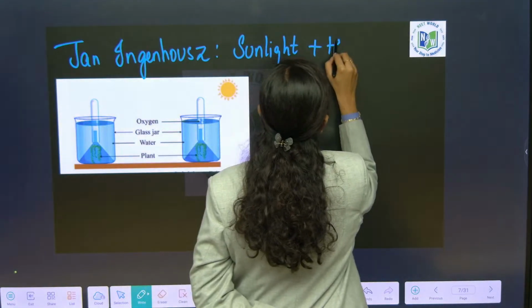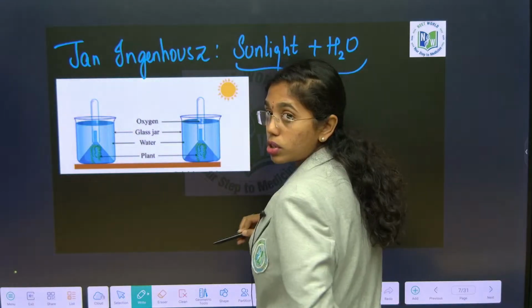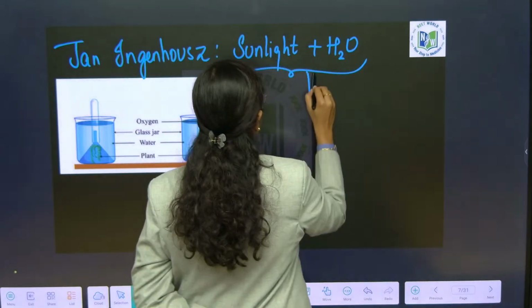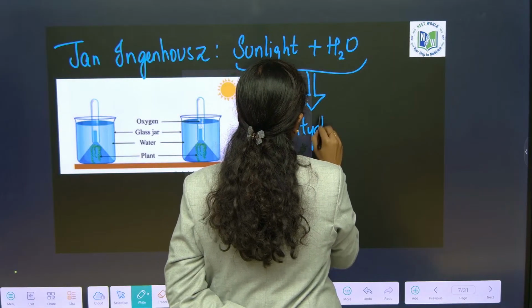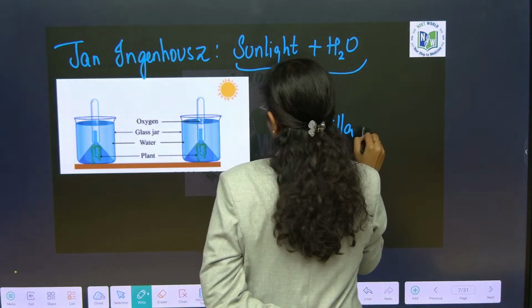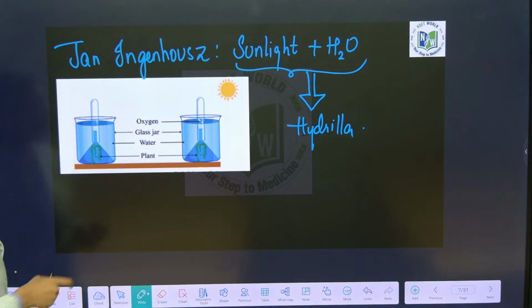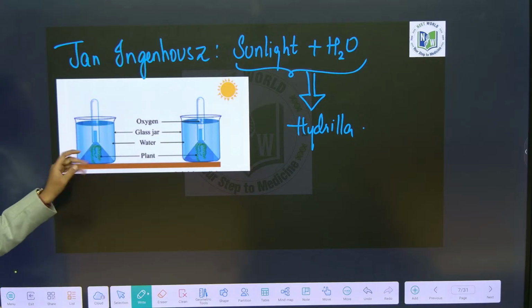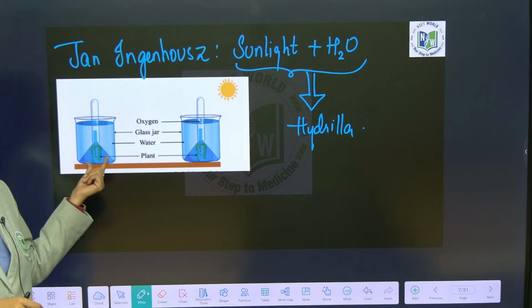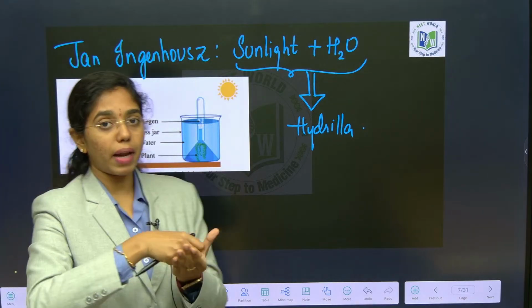The plant taken here is hydrilla. Look at the experiment carefully. First, a beaker containing water is taken. A funnel is taken into which a hydrilla plant is kept.